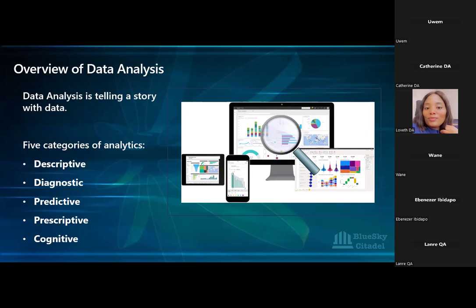Descriptive is telling a story about data that you gather over time, the history of your data. What is the volume of our sales in Manchester last season? What's the volume of our sales in Liverpool? In North London?